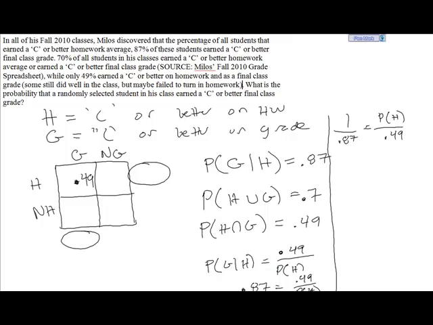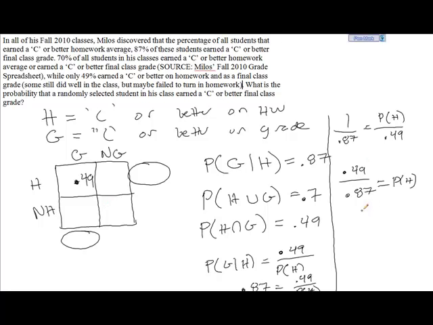So that's just flipping both sides, taking the reciprocal of both sides, so I can get P of H in the top, and multiply by 0.49. 0.49 divided by 0.87 gives me the probability of H. Well, that's perfect, because if I know this, then I can find this, and if I know these two, then I can find the third one.